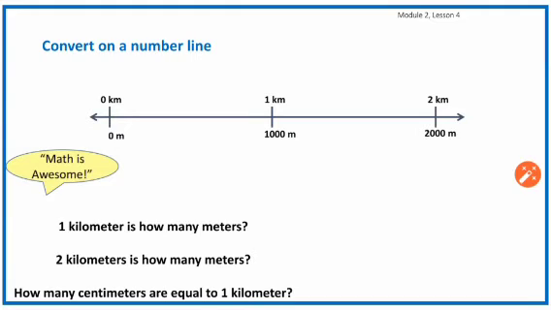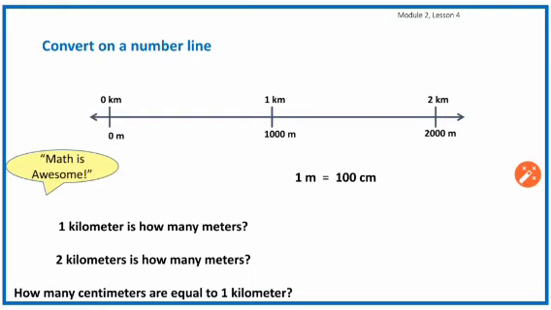How many centimeters are equal to 1 kilometer? Pay attention to this. Remember, 1 meter is 100 centimeter. What did I say? 1 meter is 100 centimeter.